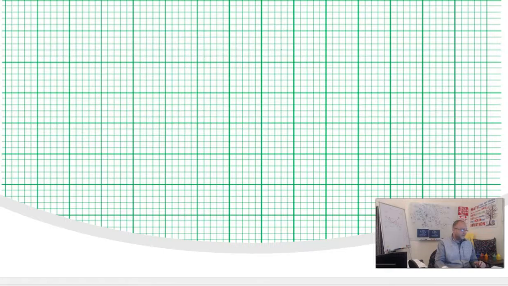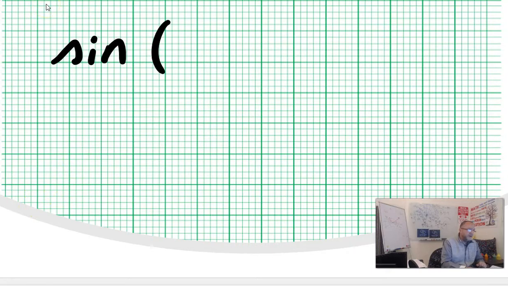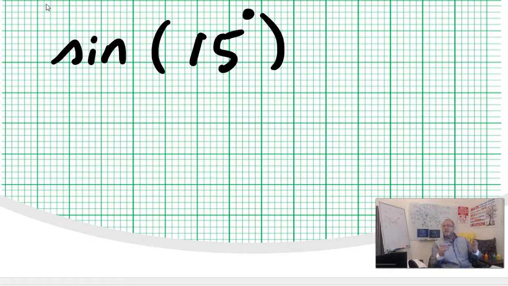Let's try a difference identity here, with a simple angle, 15. Sine of 15 degrees is in quadrant 1, and it's complementary with 75, but it's not part of any special triangle. So what do we do?